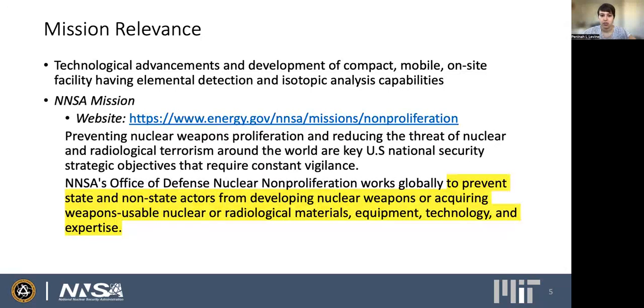The NNSA aims to prevent state and non-state actors from developing nuclear weapons or acquiring weapons-usable nuclear or radiological materials, equipment, technology, and expertise. And our work aims to do this.